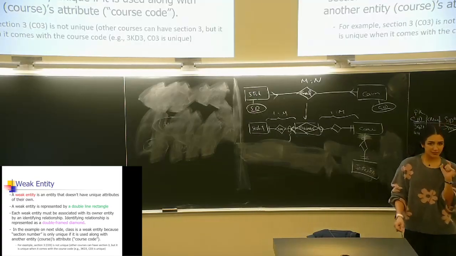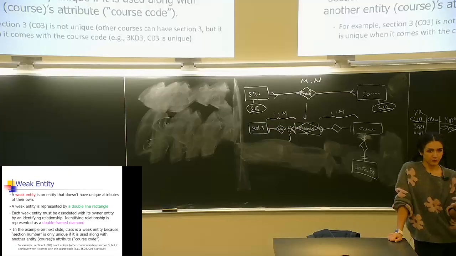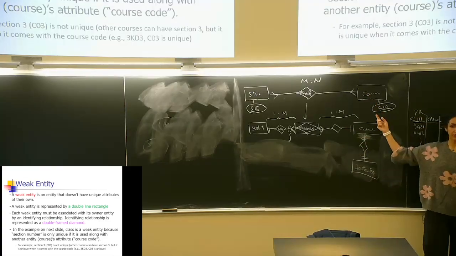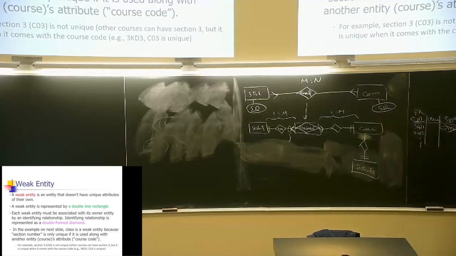So if I give you the course code, it is a unique identifier. So the course has its primary key and is a strong entity, right? You can represent it as a strong regular entity. Whereas for the course section, that is not the case, because if I'm telling you section M, then it's like, okay, which course?